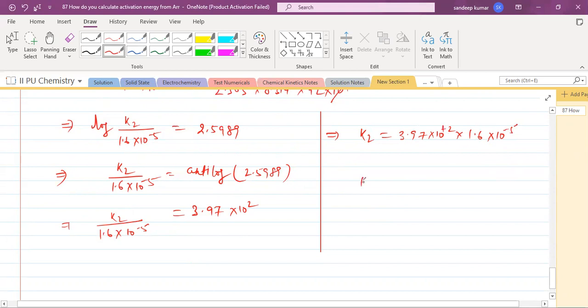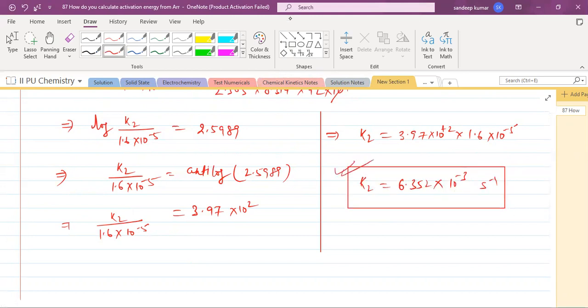So K2 final value you will get as 6.352 into 10 to the power minus 3 second inverse. Okay, so this type of numericals they may ask for 3 marks. This type of numericals they may ask you.